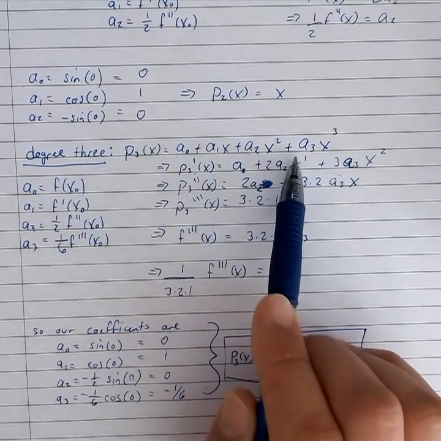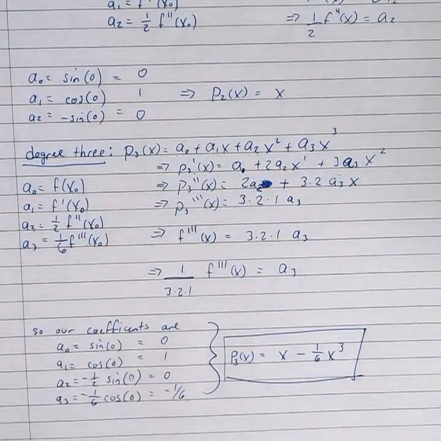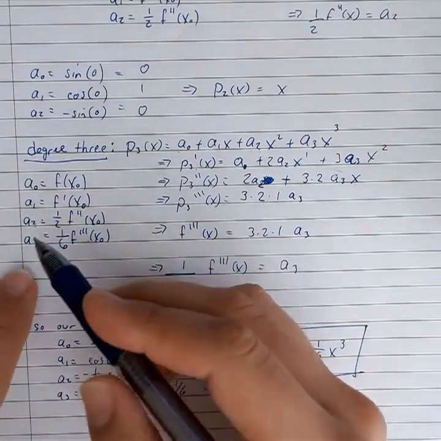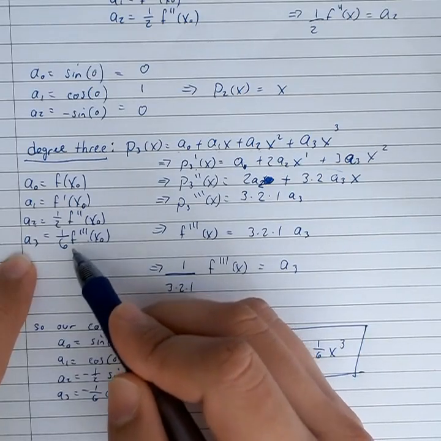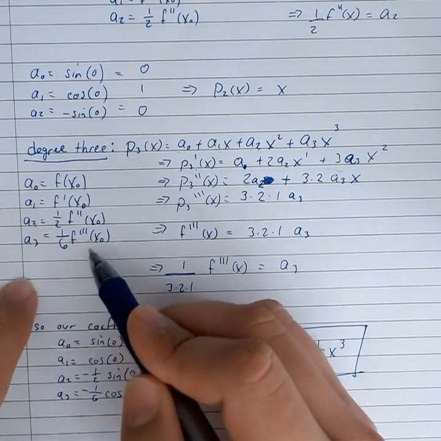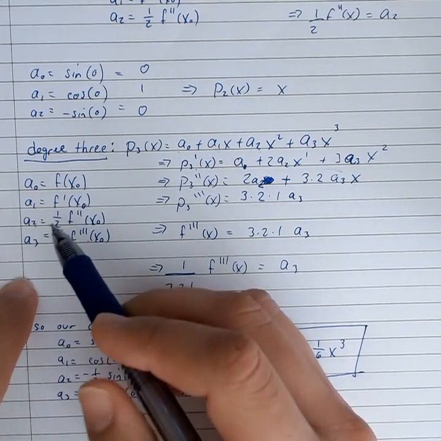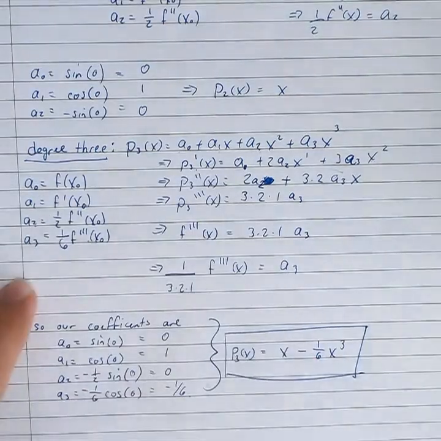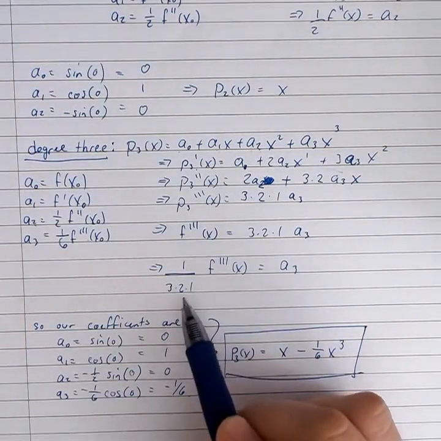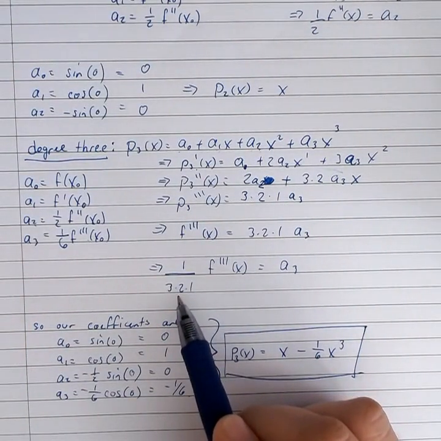This coefficient, the third derivative. So a sub 4 looks like it would come from the fourth derivative of f. A sub 5 would come from the fifth derivative of f. Well, yeah, but not exactly, because look, there are these extra numbers. Well, here we see that it's a factorial.